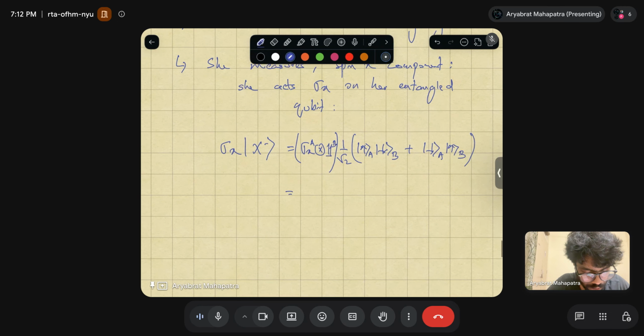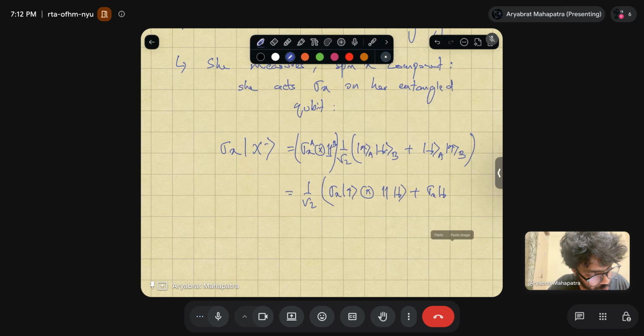From here, what you get is 1 over square root 2, sigma x acts on this, tensor product with the identity operator on this, then the same thing, sigma x acts on this, and so on.